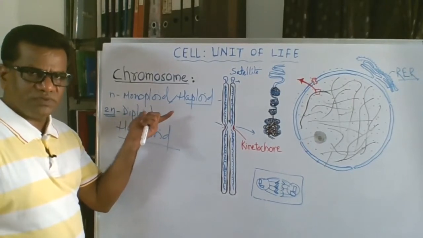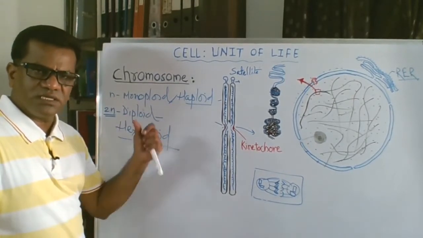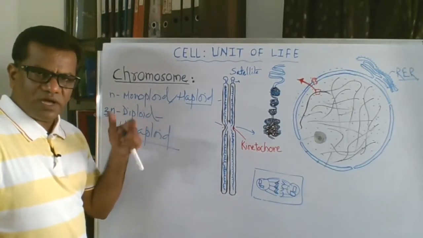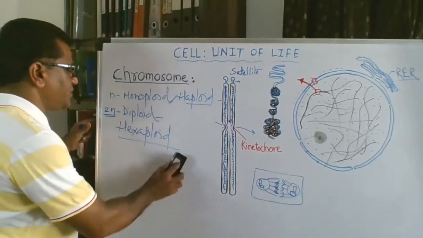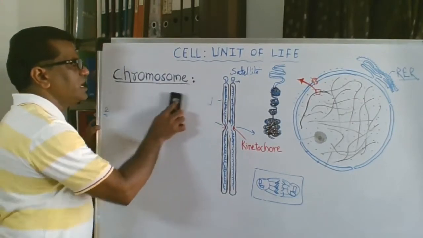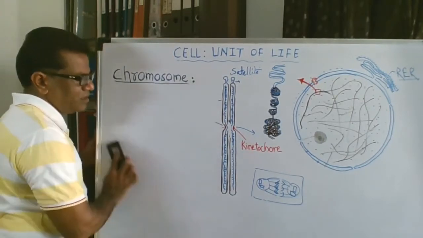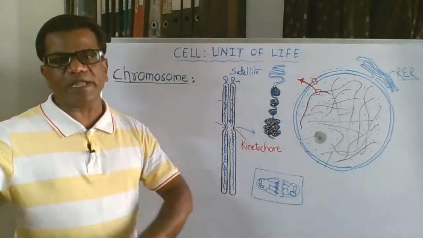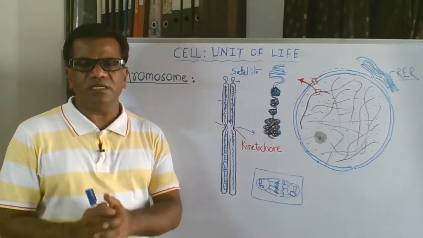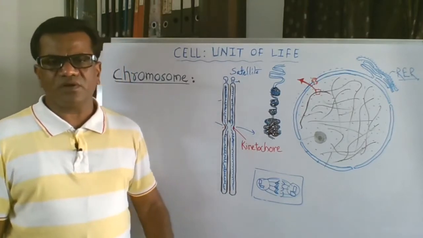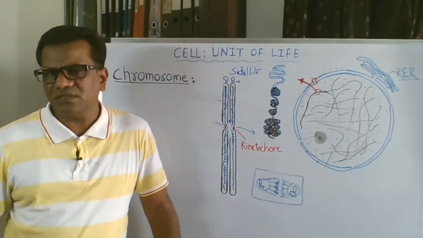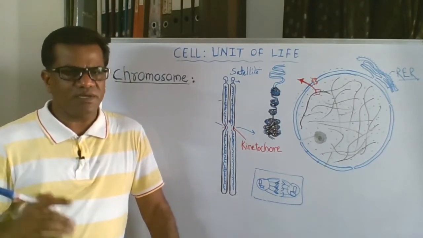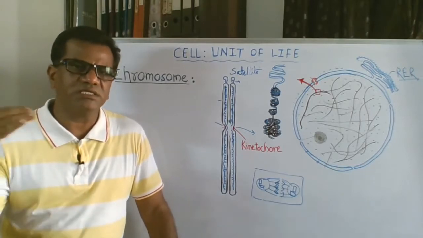If the chromosomes have only a single set, then it is monoploid or haploid. Diploid organisms have two sets of chromosomes, triploids three, tetraploids four, hexaploids six. Individually, they may have different chromosome numbers, and generally in diploids the chromosome number is even: 2, 4, 6, 8, 10, 12.